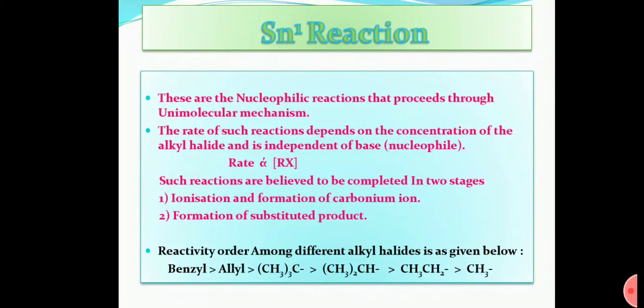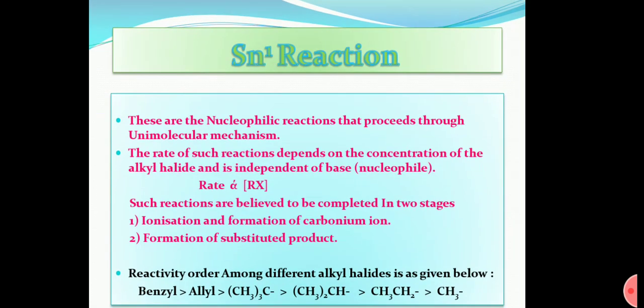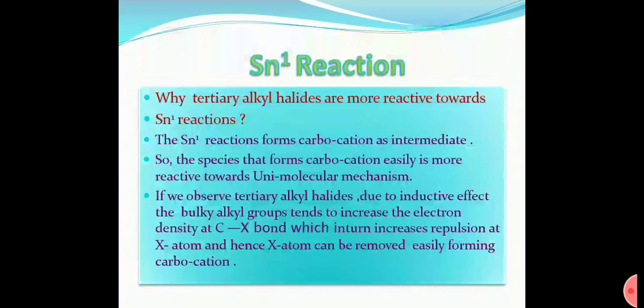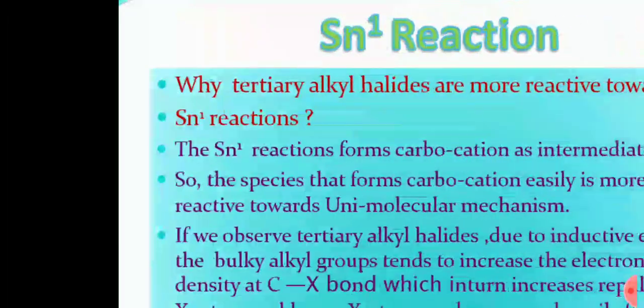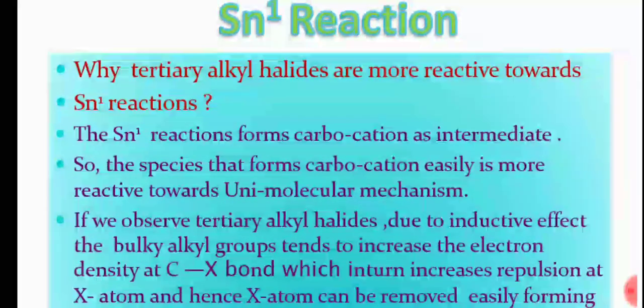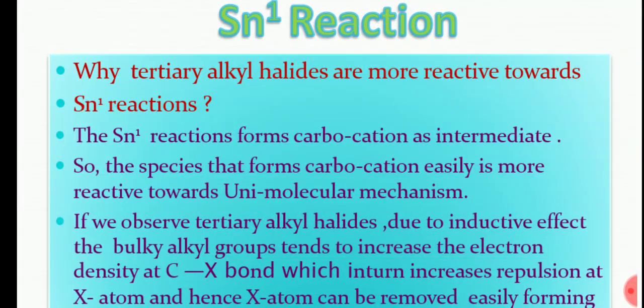So why are tertiary alkyl halides generally more reactive towards the SN1 mechanism? Because a carbonium ion is formed as an intermediate in unimolecular nucleophilic substitution reactions, and in tertiary alkyl halides we can see bulky alkyl groups attached to the central carbon, which can donate electrons due to the plus I effect, the inductive effect.